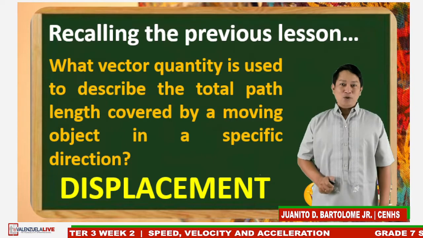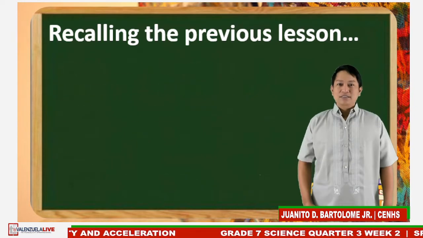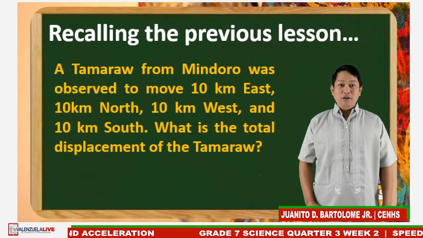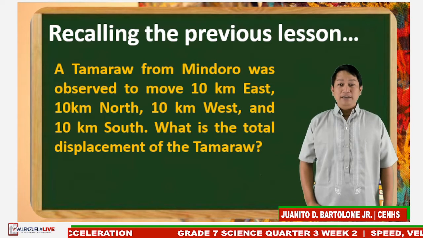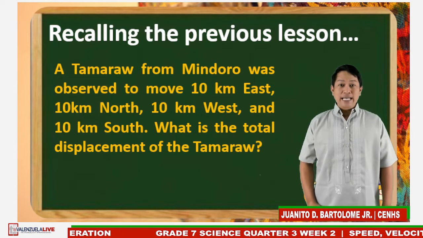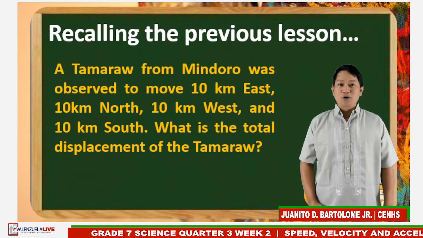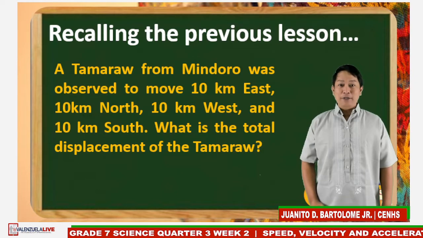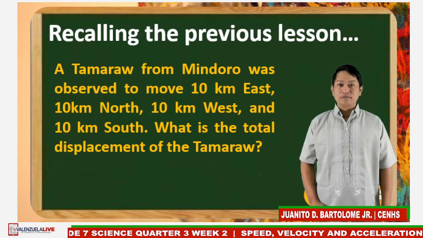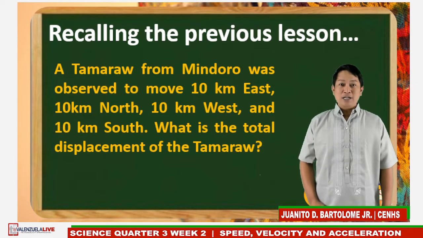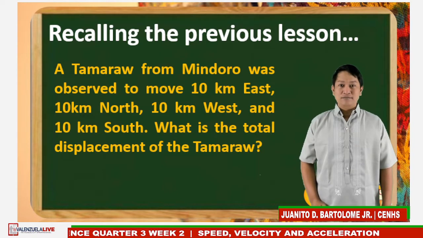And for our last question, a tamaraw from Mindoro was observed to move 10 kilometers east, 10 kilometers north, 10 kilometers west, and 10 kilometers south. What is the total displacement traveled by the tamaraw? Use the comment section to type in your answer.